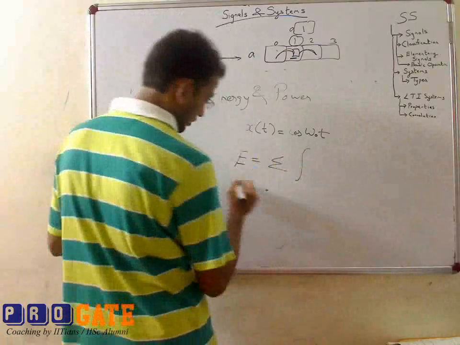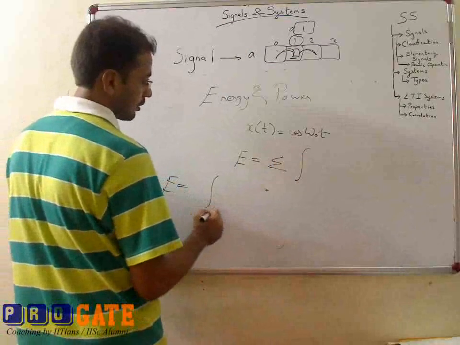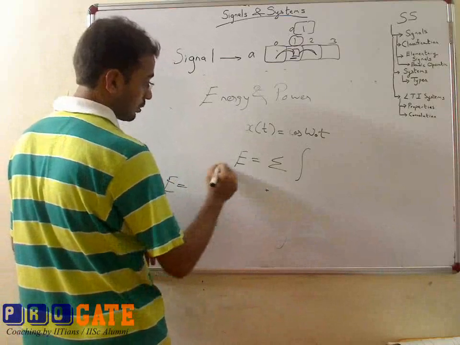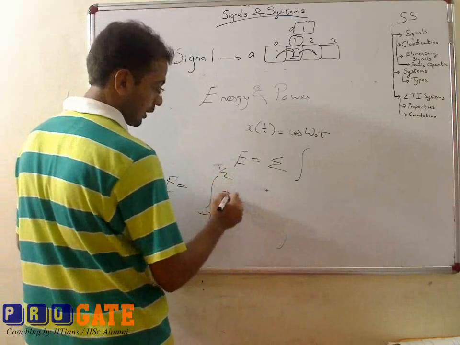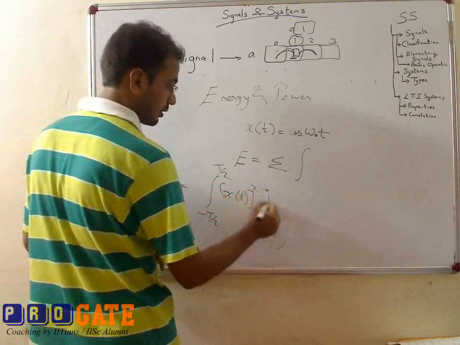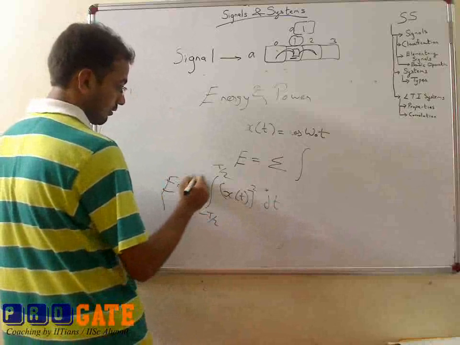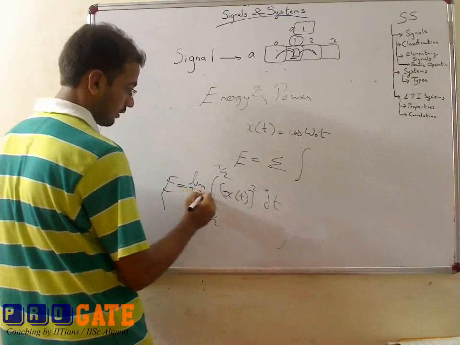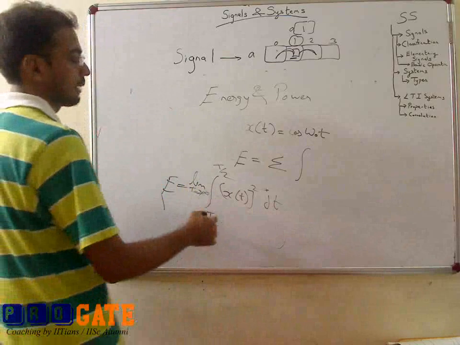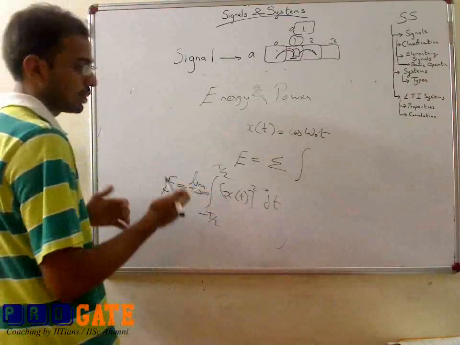So energy is the integration over an interval from minus T by 2 to T by 2 of the square of the signal x(t) dt, because it's an integration with respect to time, where the limit T tends to infinity. Because we are considering the whole range, it goes from minus infinity to infinity, and integrating the square of the signal gives the energy of the signal.